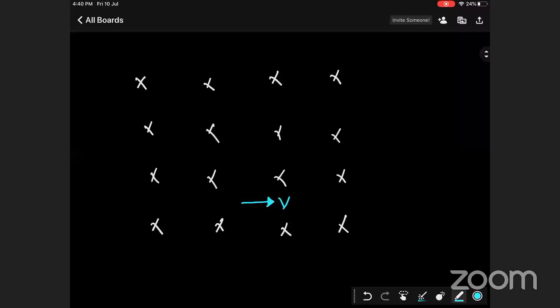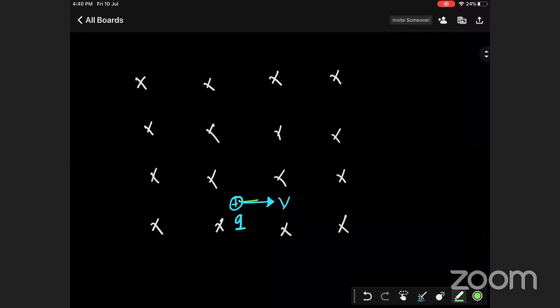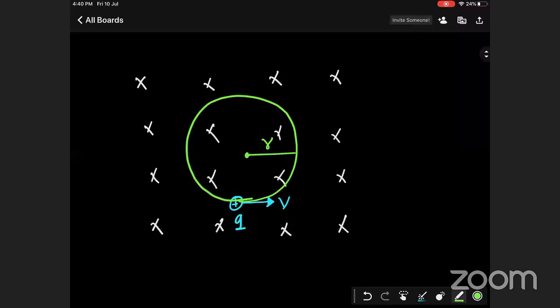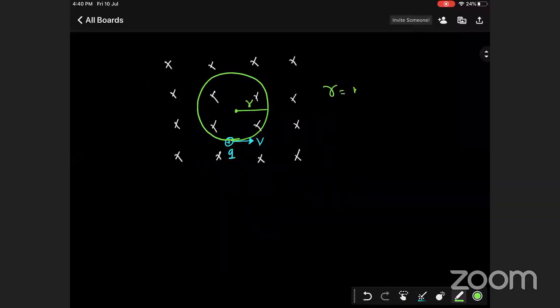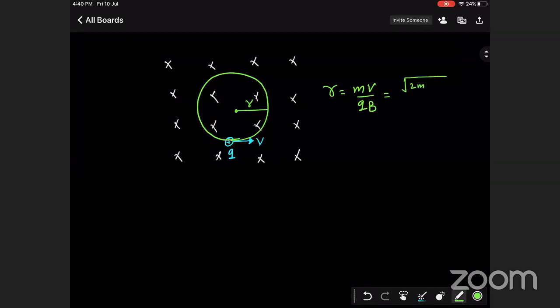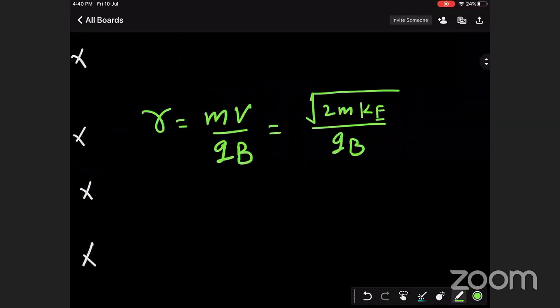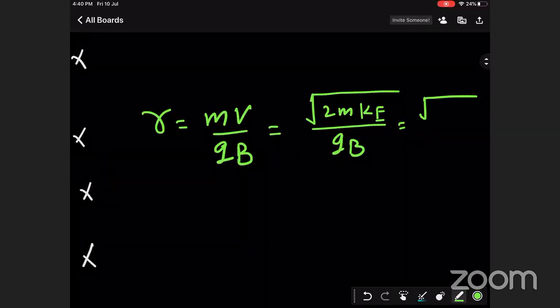The radius of the circle will be given by mv upon qB, and we can write this in terms of kinetic energy as root 2mKE upon qB, and also as root 2mqΔV upon qB, where ΔV is the potential difference.